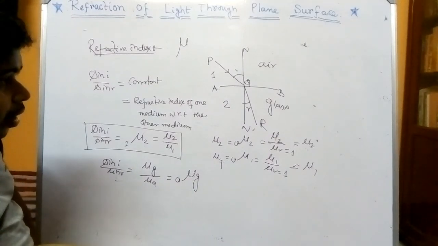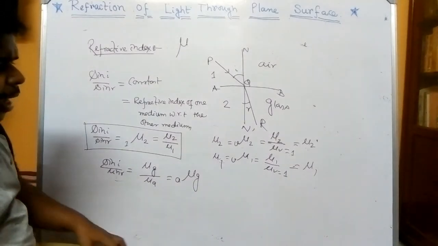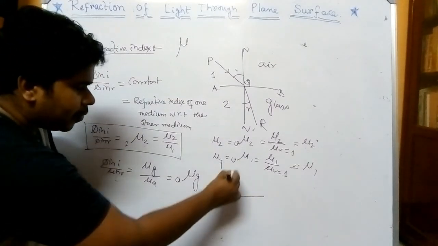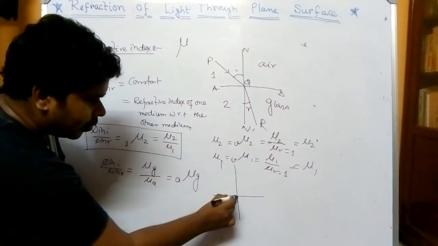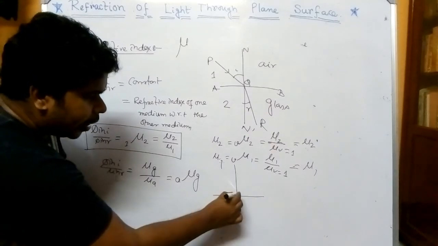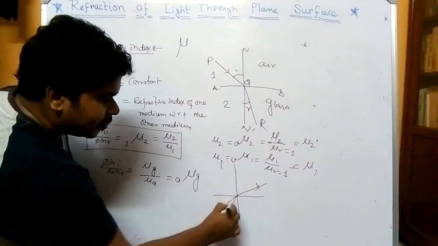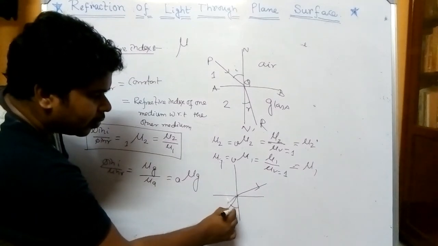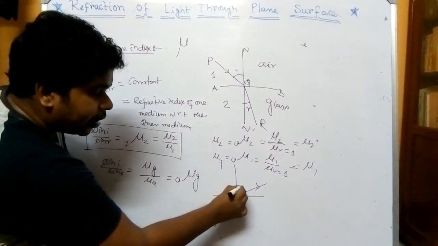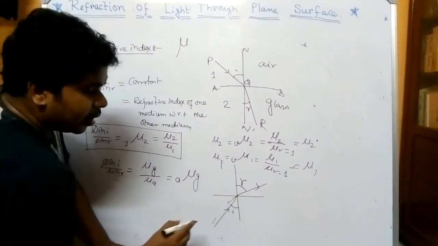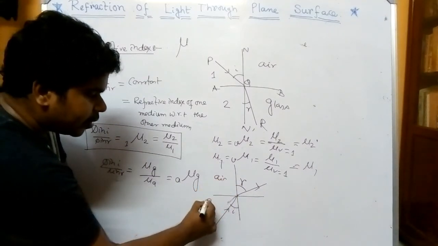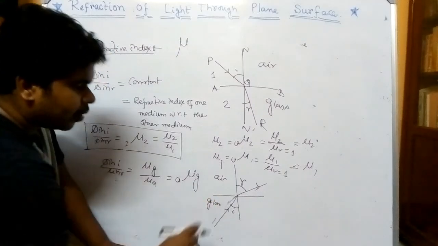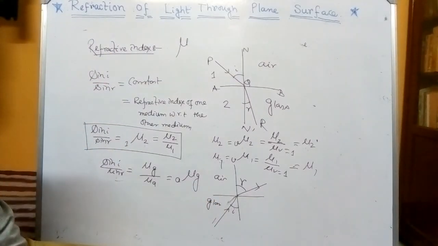Because the light ray comes from air and goes to glass, this answer will come. But if the opposite happens, assume the light ray comes from the glass and goes to air. It comes from glass with an angle of incidence i, and goes to air with an angle of refraction r. So what will happen in this case?